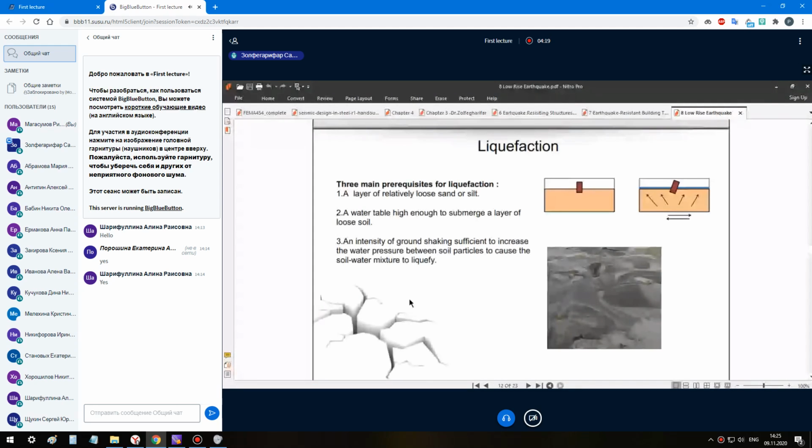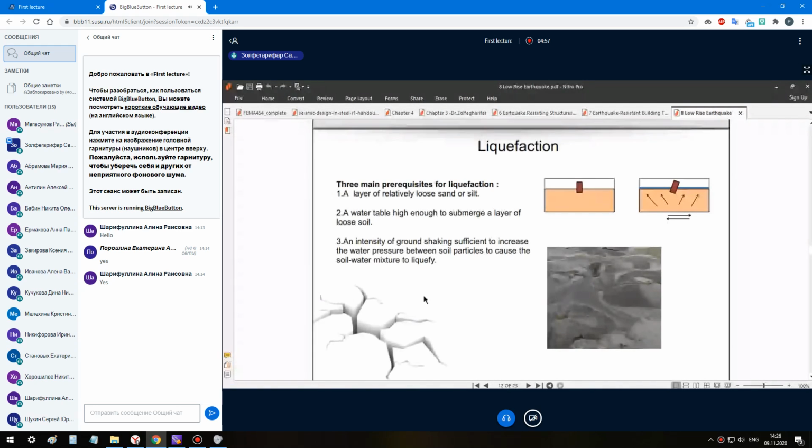First, a layer of relatively loose sand or silt in the foundations. Second, a water table high enough to submerge the layer of loose soil. And third, an intensity of ground shaking sufficient to increase the water pressure between soil particles to cause the soil-water mixture to liquefy.